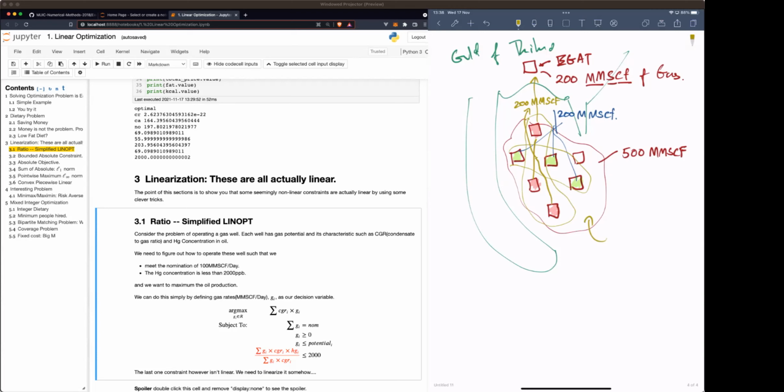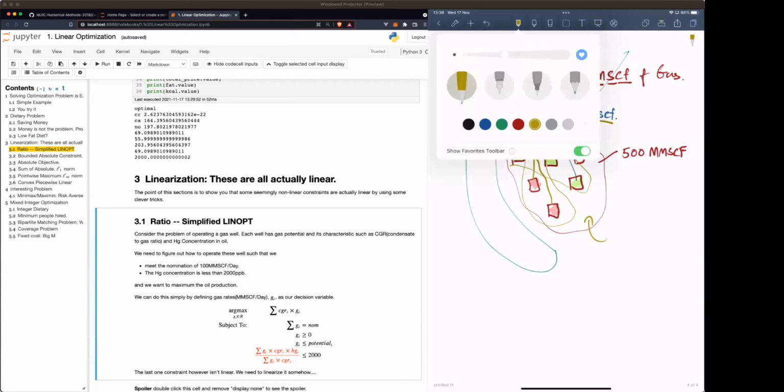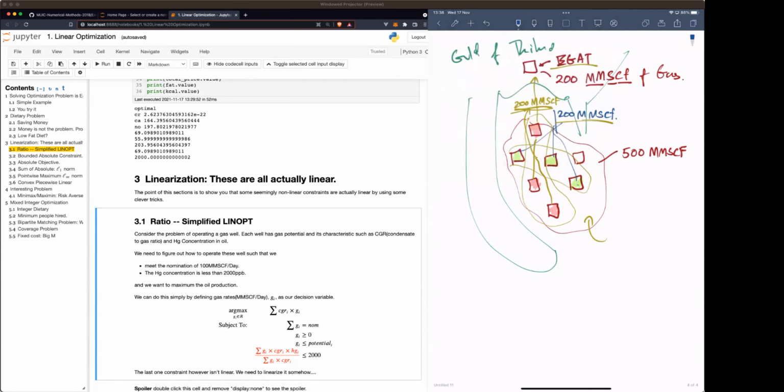How much gas do you want to generate from each one to produce exactly what EGAT is asking? Here's the deal. The way we choose is the following. It's a company, right? So they choose based on money. Whichever one generates more money, you're going to open that one.